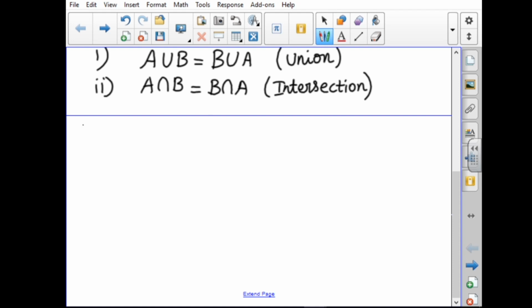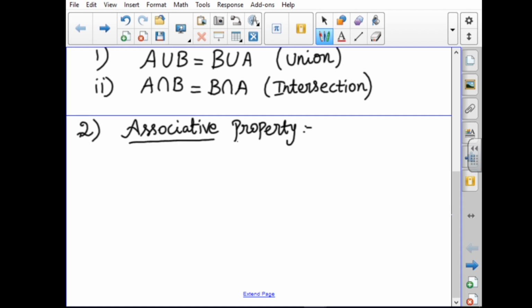Then the second property is the associative property. For the commutative property, we can use only two sets. For the associative property, we can use three sets.